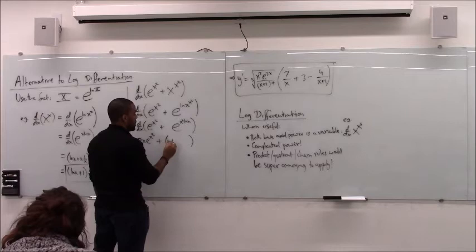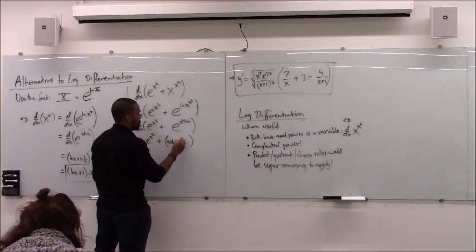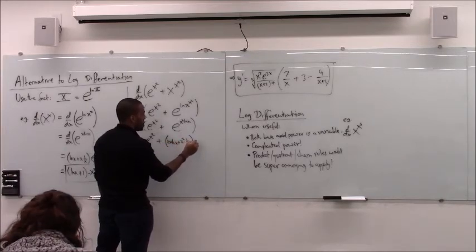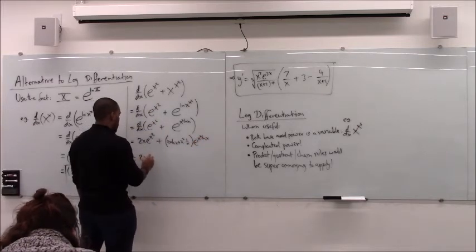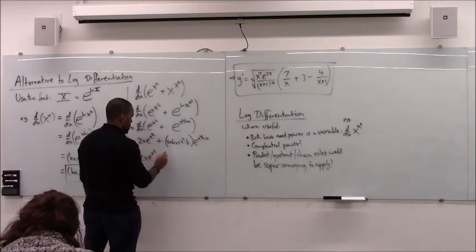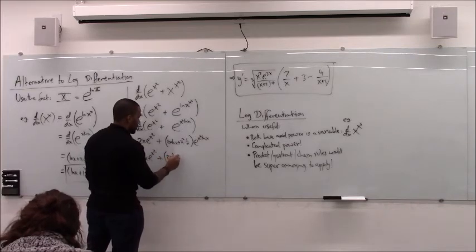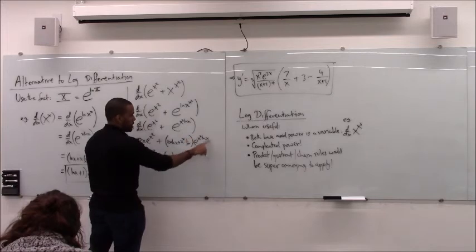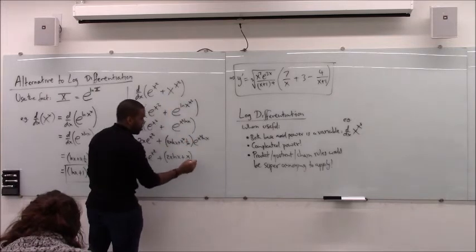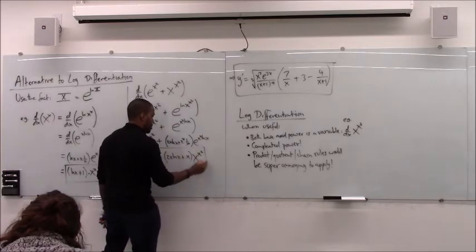Differentiate the x squared, leave the ln x, plus leave the x squared, differentiate the ln x, times e to the x squared ln x. Now to simplify this, that's 2x ln x plus, x is cancelled, x. And this guy is just rewriting the original function. So that's the answer.